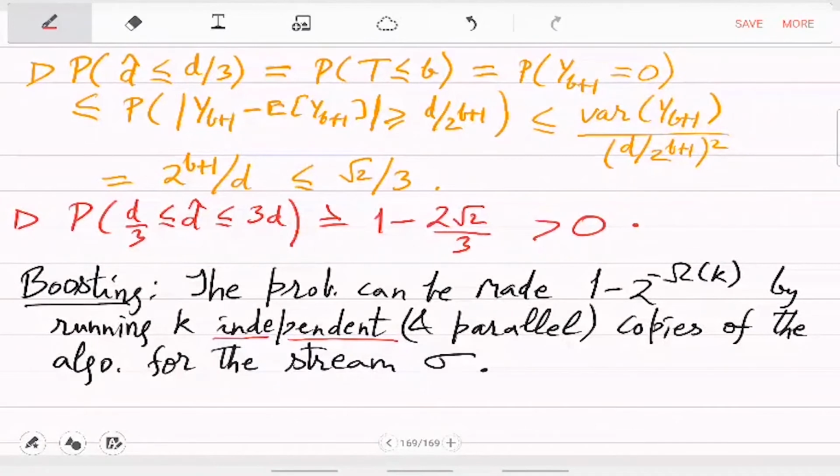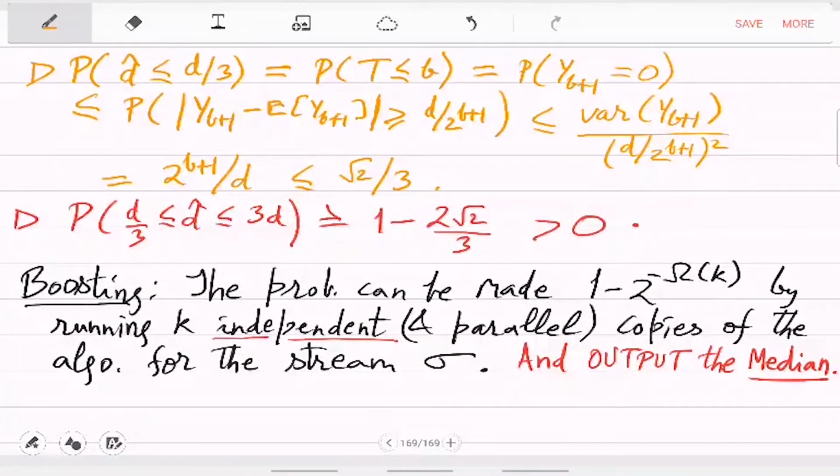And what do you output as d hat? Yeah, so there is a nice trick. You output the median of these k answers. Okay, so not the least t or the maximum t out of these k, but the median. So, the advantage is that you can show the probability of the median being far away from d is bounded by the Chernoff bound.